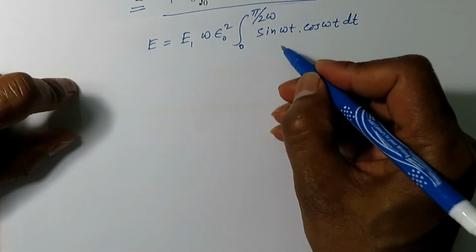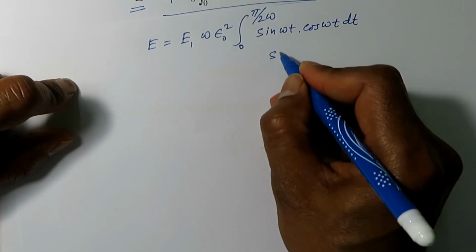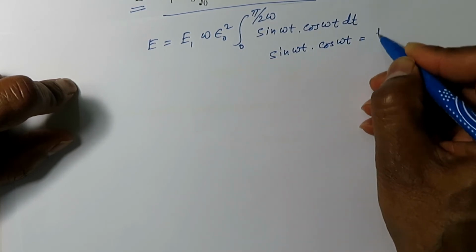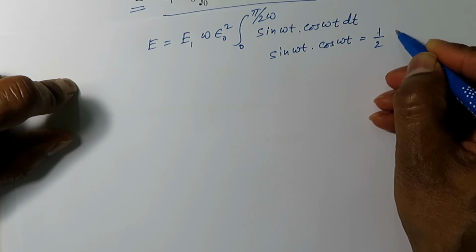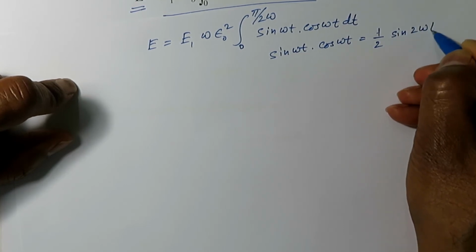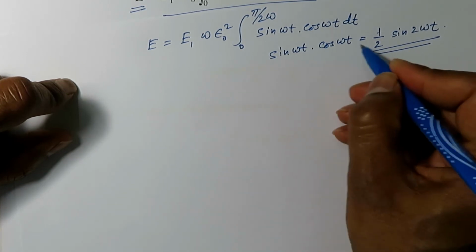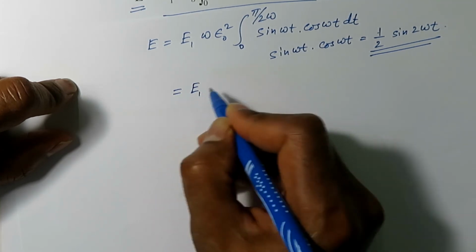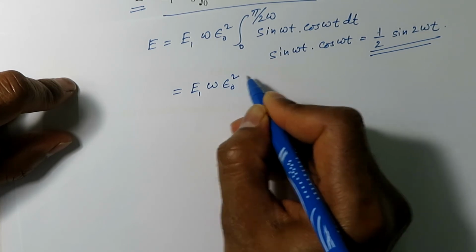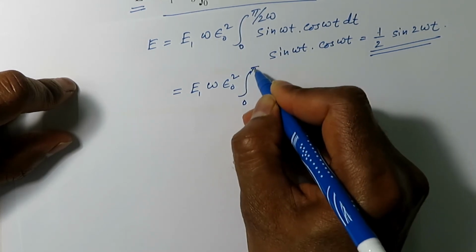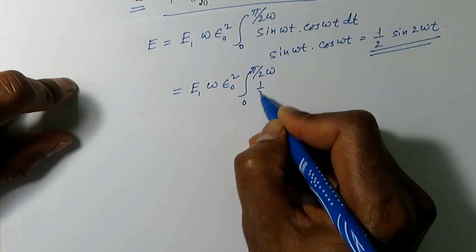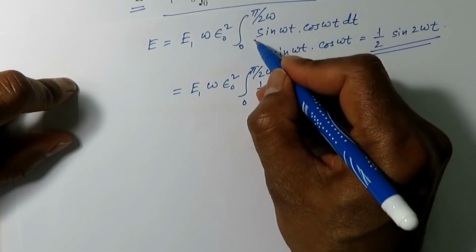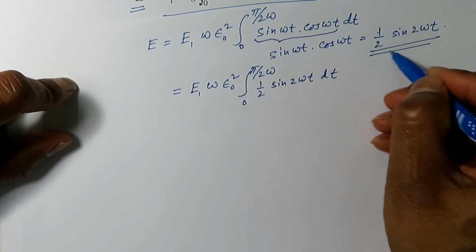Now again we will use a trigonometric formula which says sine omega t cos omega t is equal to half sine 2 omega t. So we will substitute this in this integral: half sine 2 omega t dt. We have simply substituted this with this.